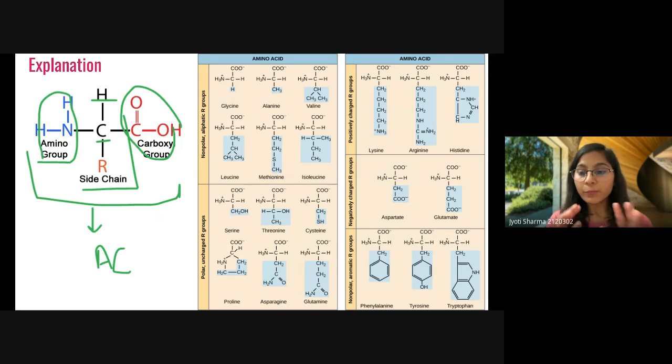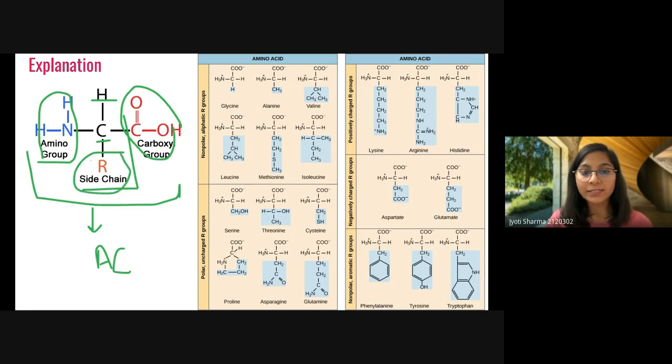When we have multiple amino acids attached to each other in a linear way, using the polypeptide bond, then this will be the structure of protein. So you have amino acid 1, 2, 3, 4, 5, and if we bond them together in a sequence, then it will be a protein. And this R may be anything.